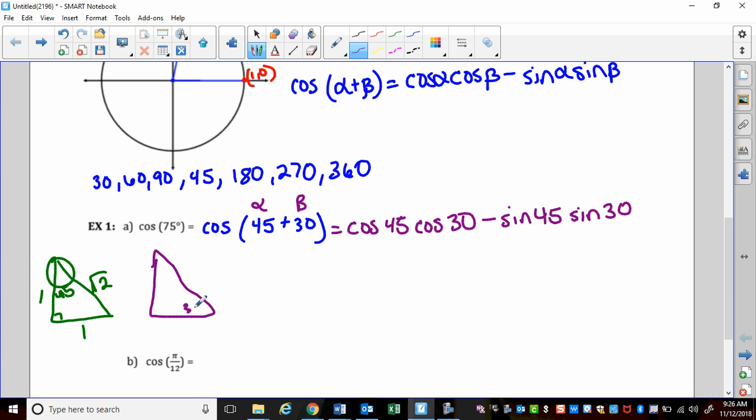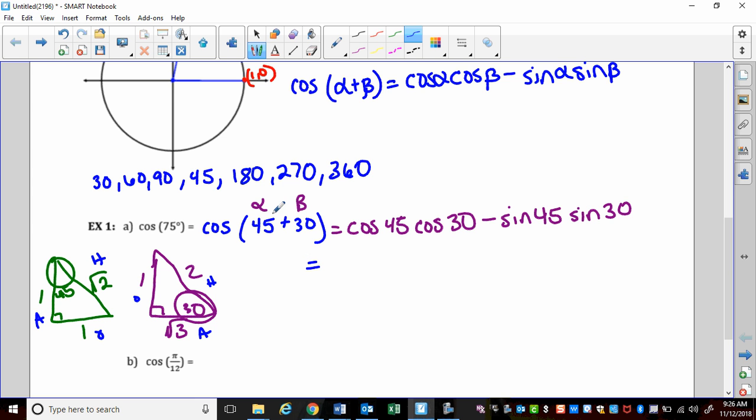I'm going to plug in 30 only. I know opposite the 30 is the smallest, 2, square root of 3. And I'm going to circle the 30. Okay, so I'm going to label this side. This is my opposite, this is my hypotenuse, and this is my adjacent. I'm going to label this one. This is my opposite, this is my adjacent, and this is my hypotenuse. Hopefully this helps a little bit quicker.